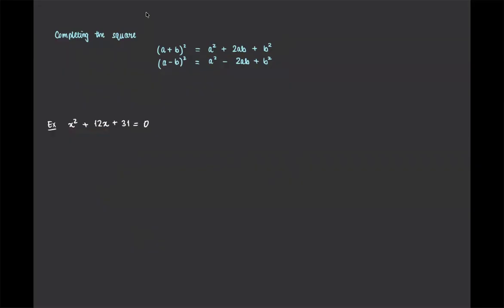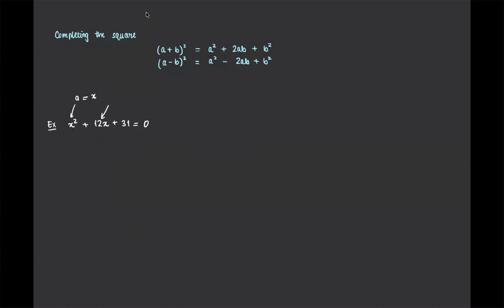Okay, so matching up the first two terms with my identity, I can see that a in this question corresponds to x. A is x. And so that means 2ab must be this 12x term.